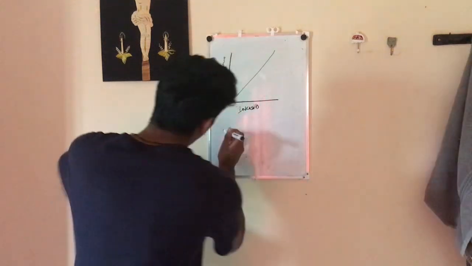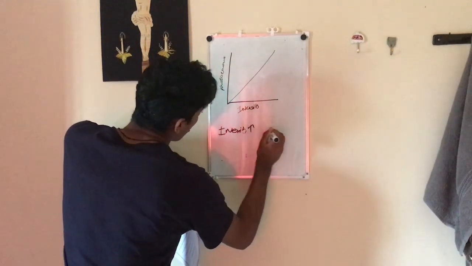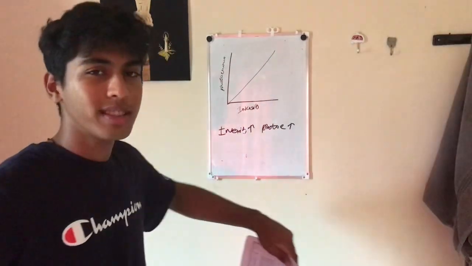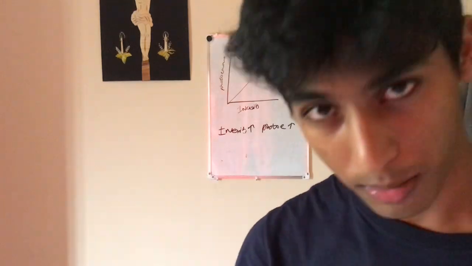As I said, when intensity increases, photoelectrons increase. What is happening is basically more photons are coming and hitting the metal surface. However, write this in your mind, underline it, very important.